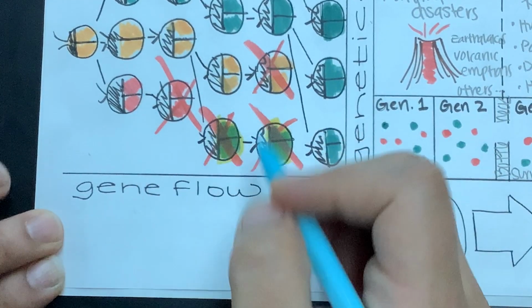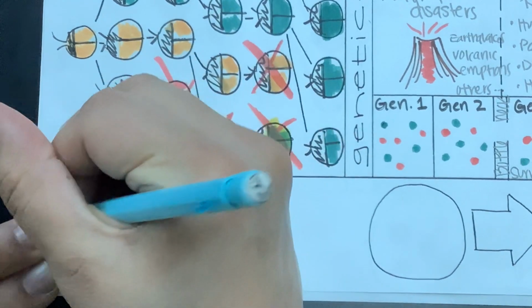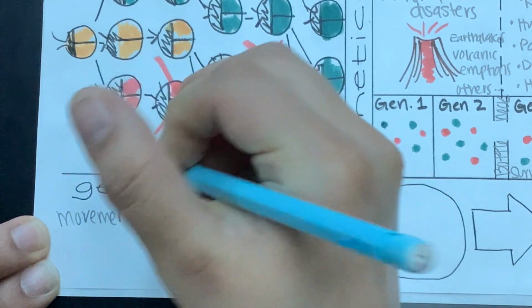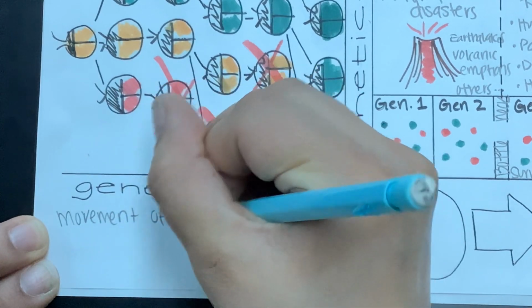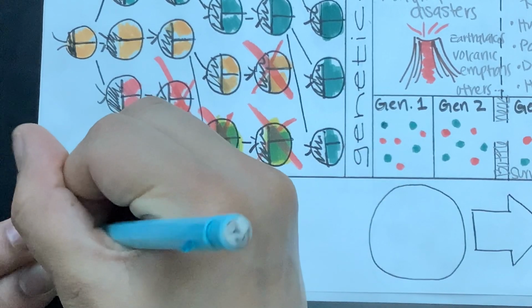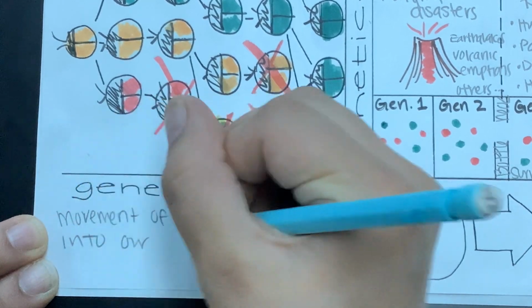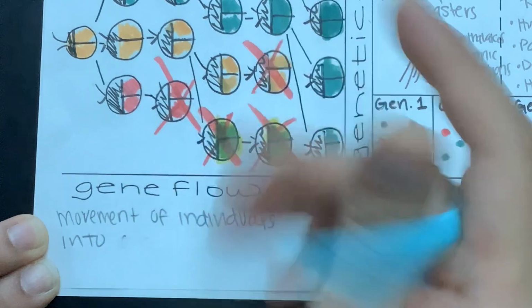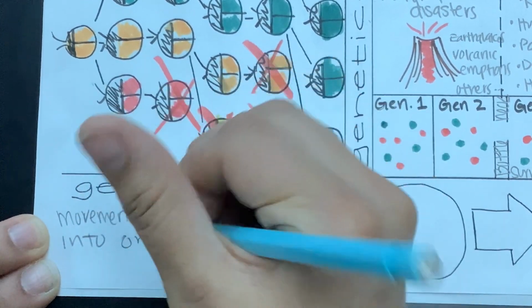And the way we're going to define gene flow is as the movement of individuals into or out of a population.